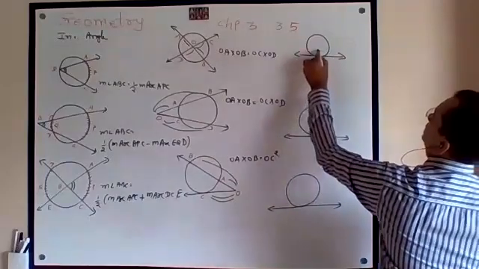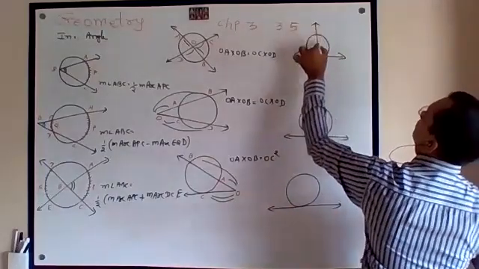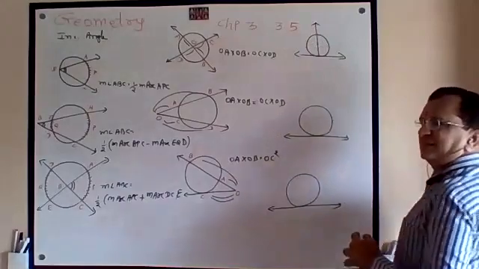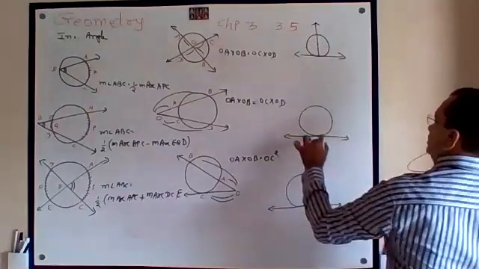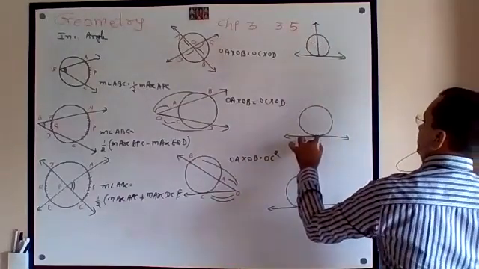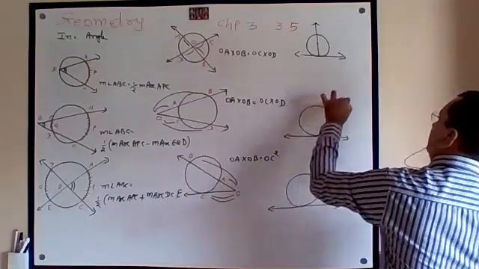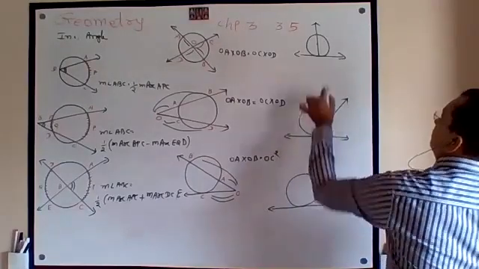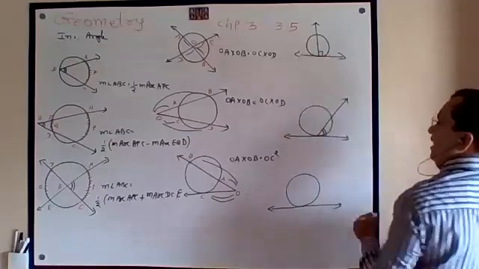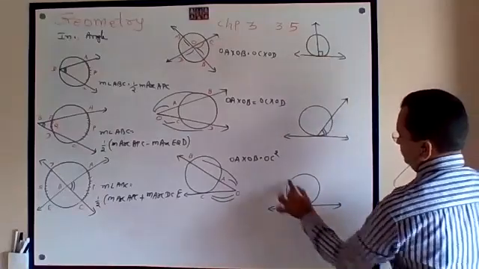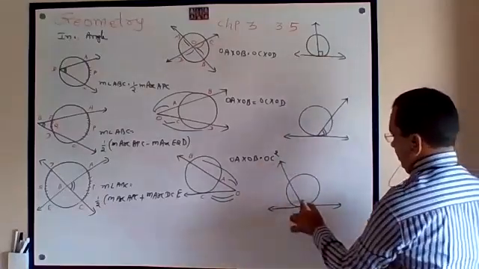Now when the secant is exactly passing through the center, that means 90 degrees, a right angle. Then less than 90, exactly 90, more than 90.